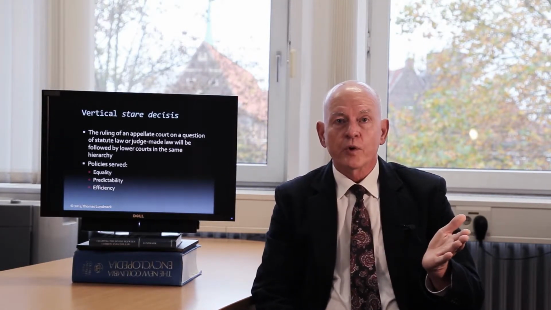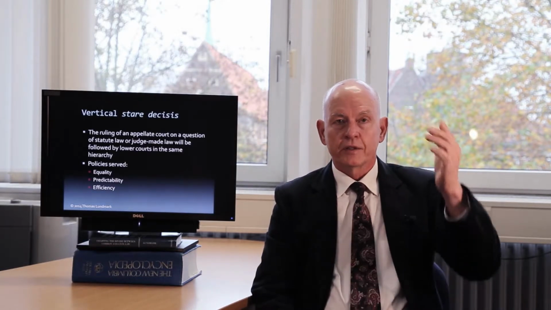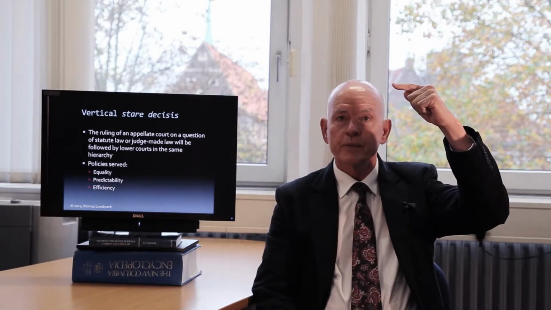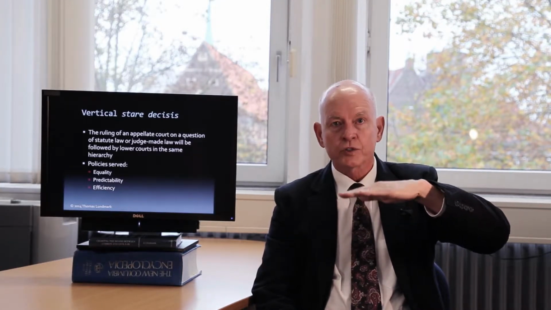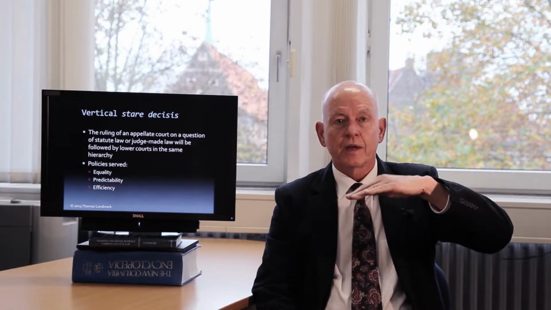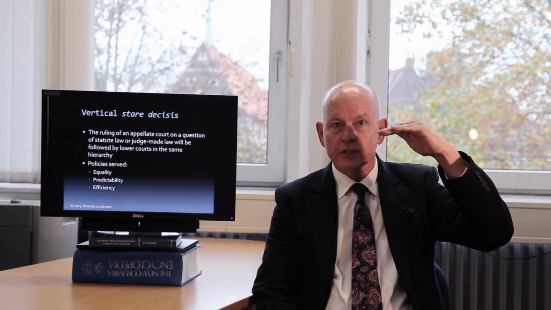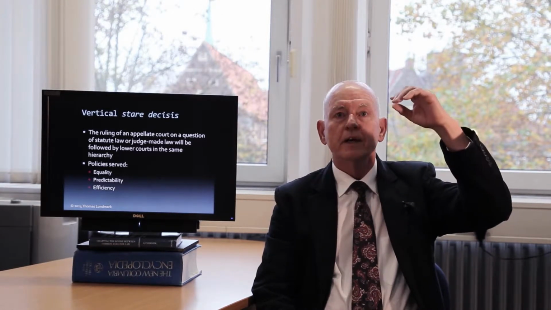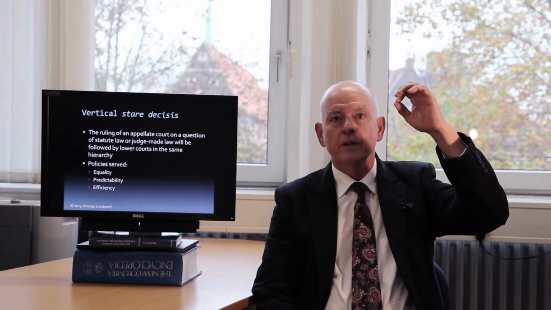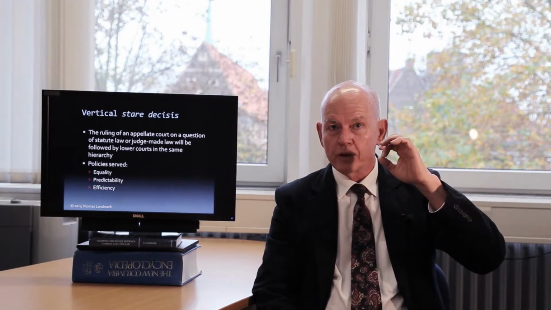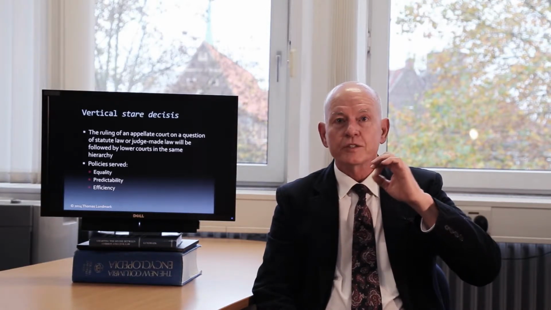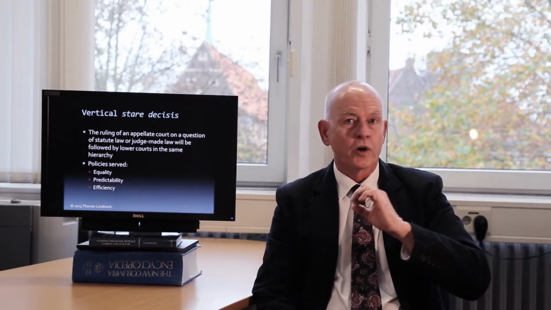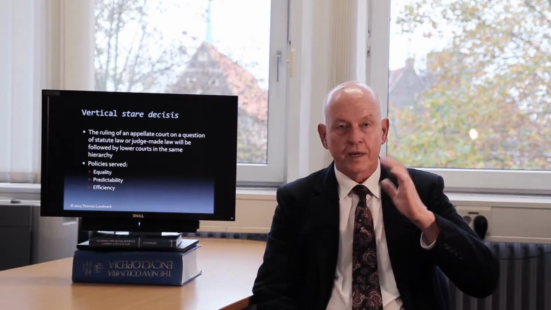If you think of California as one jurisdiction, there's the California Supreme Court at the top, the California Court of Appeal, and then there are trial courts called superior courts. And it is only the decisions of the Court of Appeal and of the California Supreme Court that are interesting for purposes of vertical stare decisis, not the decisions of any courts in New York, for example, or England and Wales.